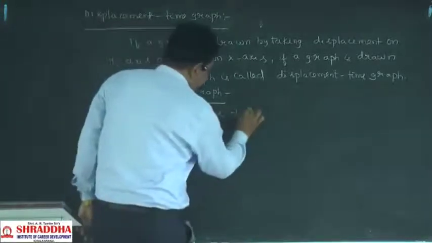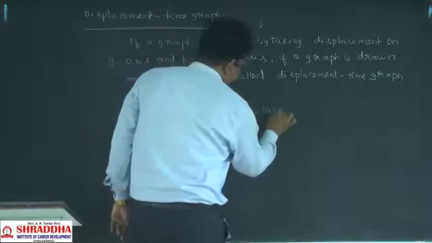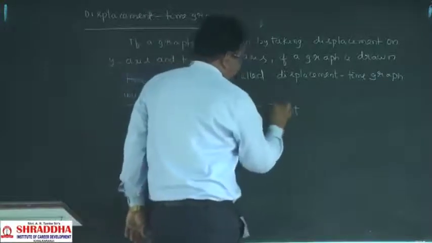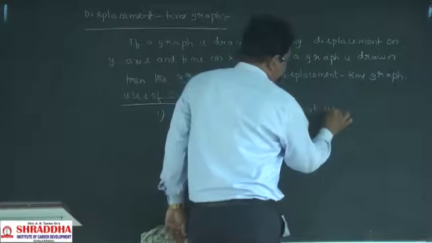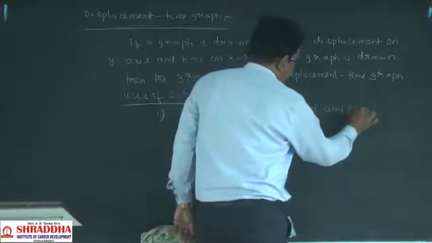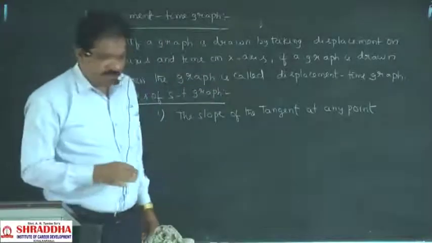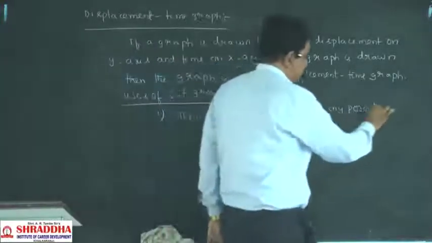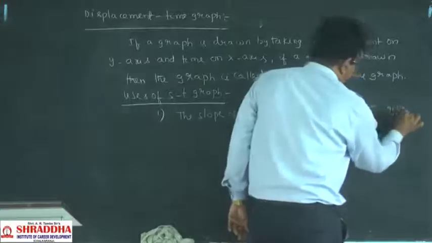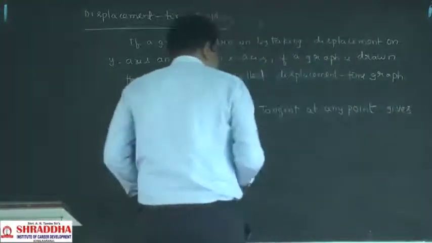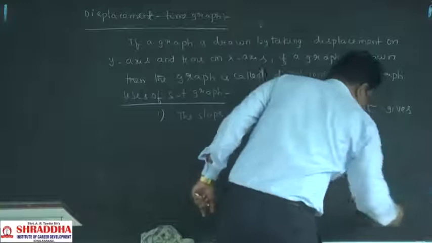Okay. What is the first use will be the slope of the tangent at any point. The slope of tangent at any point gives instantaneous velocity.